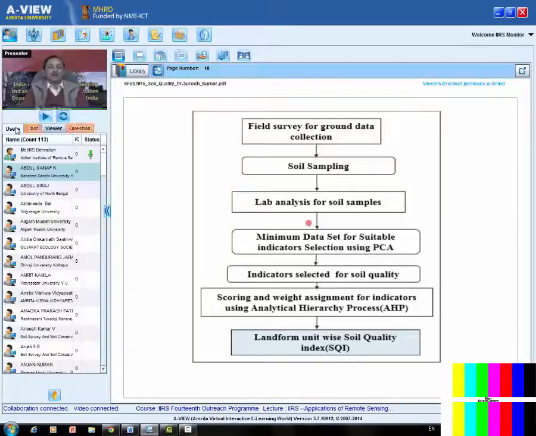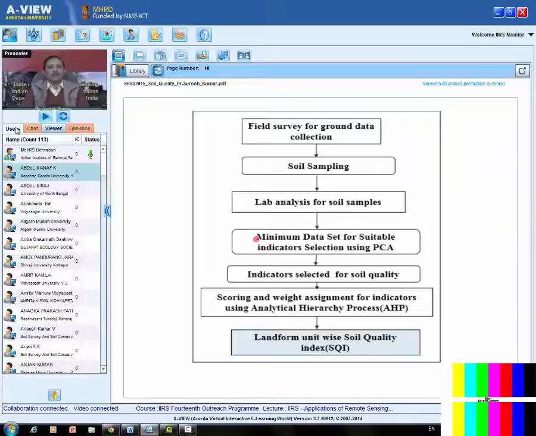Then you have to select the minimum data set, meaning in your area which properties are varying a lot, where the standard deviation is more. If you say some property is not changing much in my area, it means that property has no variation, so it cannot be taken into account for the soil quality assessment.